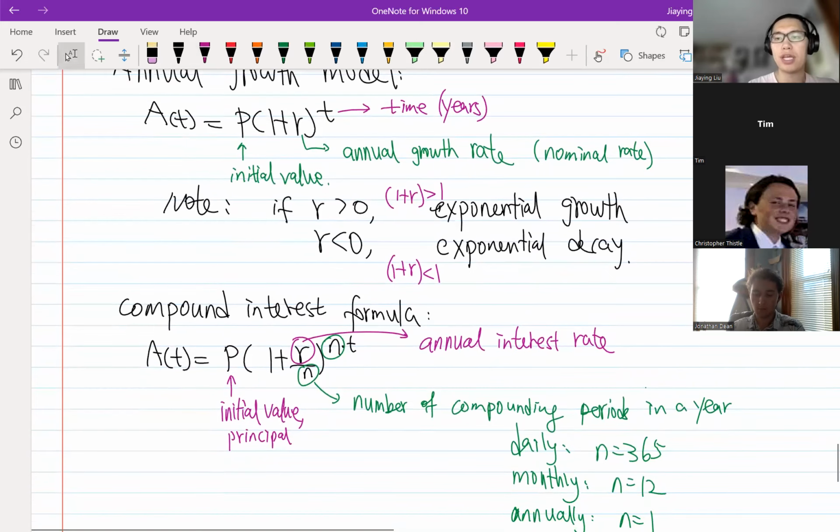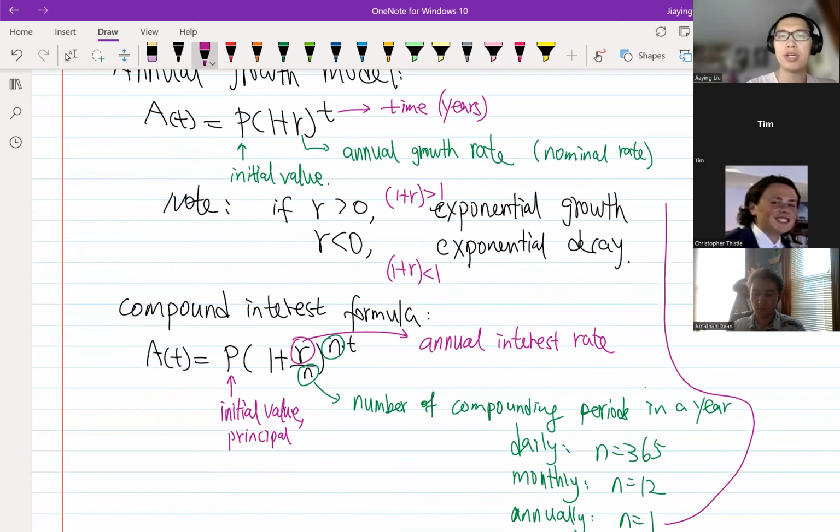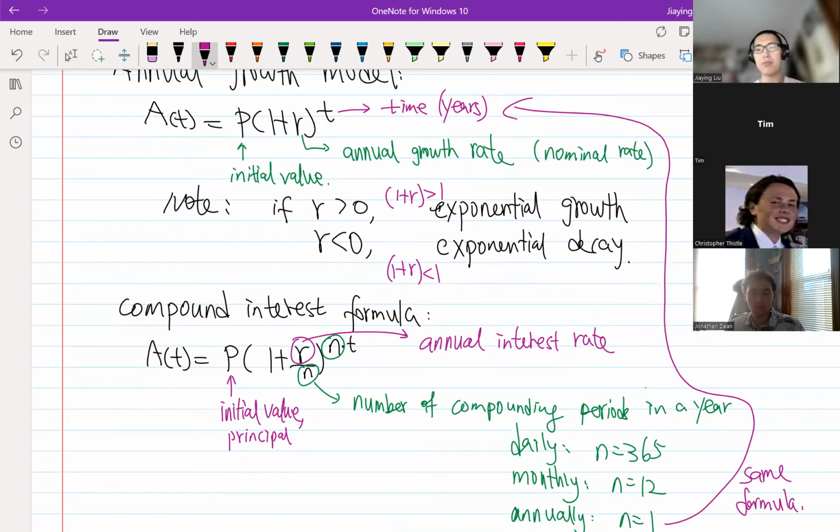But if it's not compounding annually, then it's not the same formula because there's an extra n in the denominator and also in the exponent.